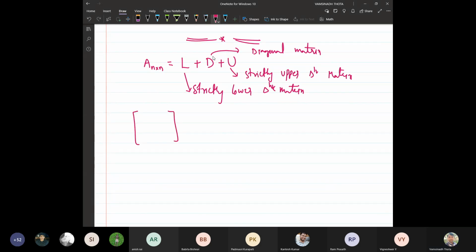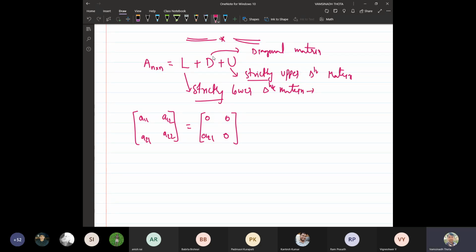For example, take the matrix with entries A11, A12, A21, and A22. What is the L plus D plus U separation here? Strictly lower triangular means it is a lower triangular matrix in which all the diagonal entries are 0.